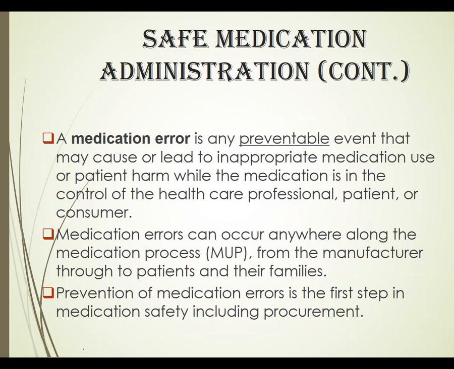It's important to note that a medication error is preventable. That's the key takeaway of this slide: medication errors are preventable, and we can stop that error from occurring anywhere in the medication use process.